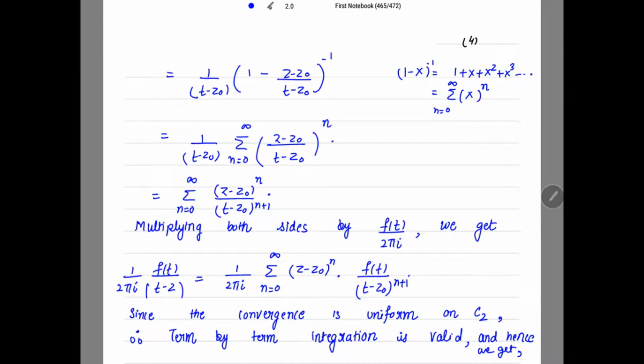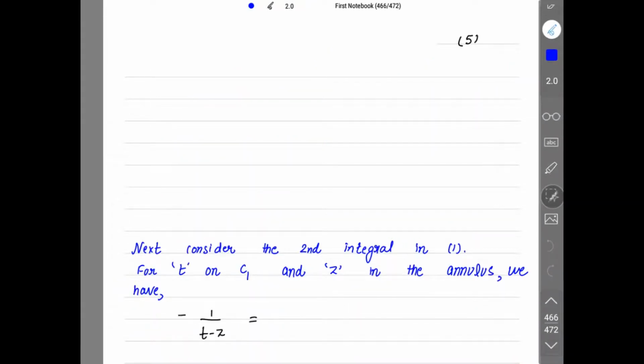Alright. Now since the convergence is uniform on C2, term by term integration is valid, and hence we integrate both the sides.